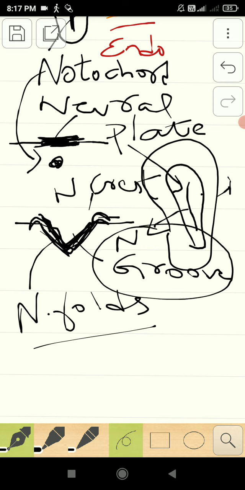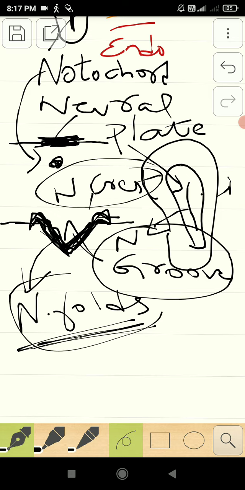This neural groove is bounded on either side, right and left, by neural folds. When it is touching the surface ectoderm, you can see one elevation like a hump. It's called the neural crest. So the neural groove is a depression in the neural plate in the posterior midline. Neural folds are on either side of the neural groove, and the neural crest is an elevation between the neural folds and the surface ectoderm.